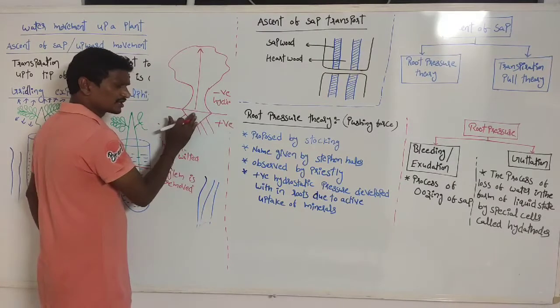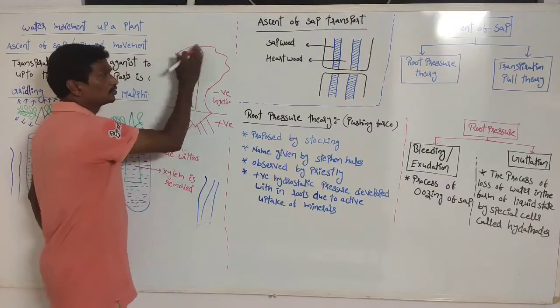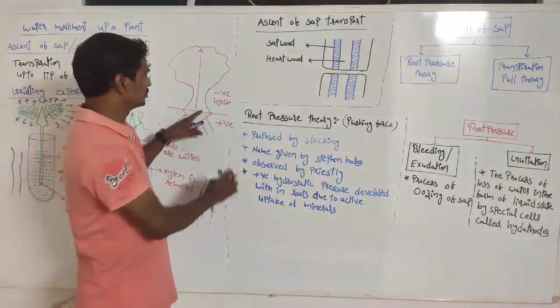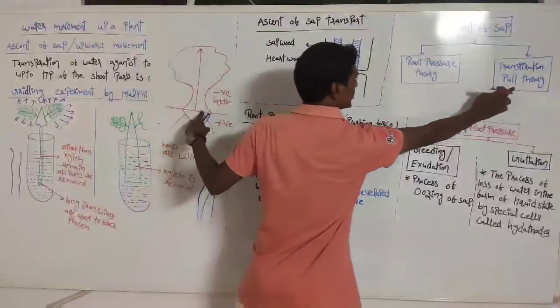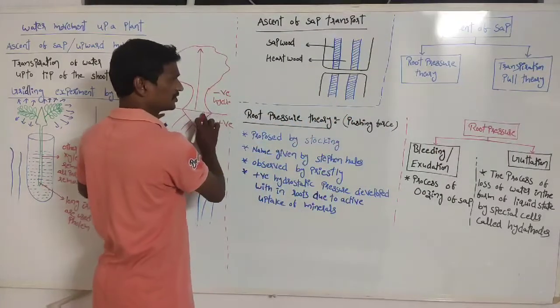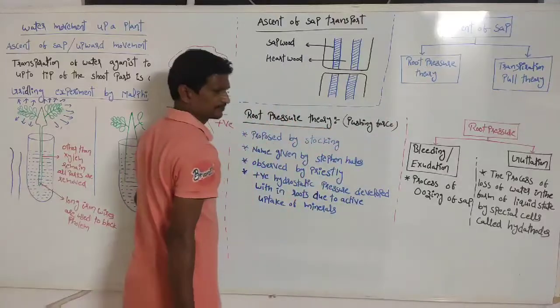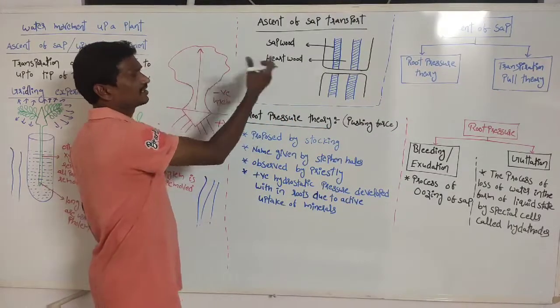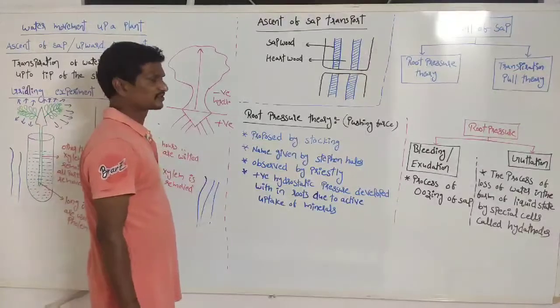The water molecules are transported from root to shoot tips by the negative hydrostatic pressure. So this bit is the transpirational pull theory, and this bit is the root pressure theory.